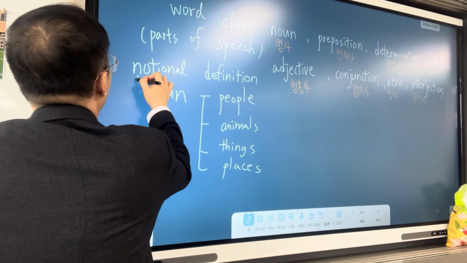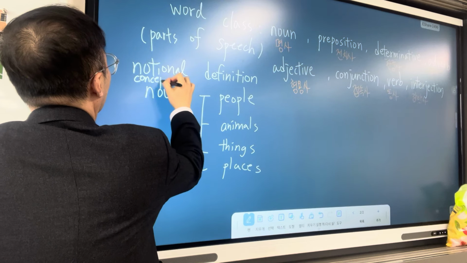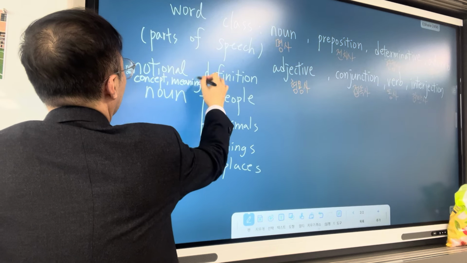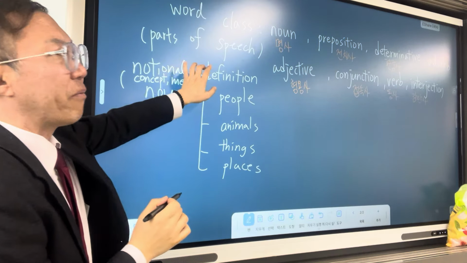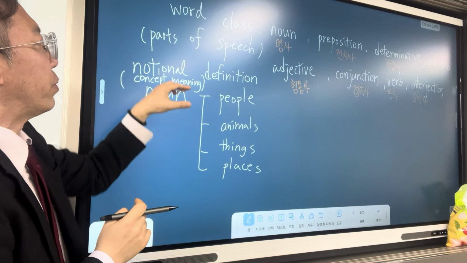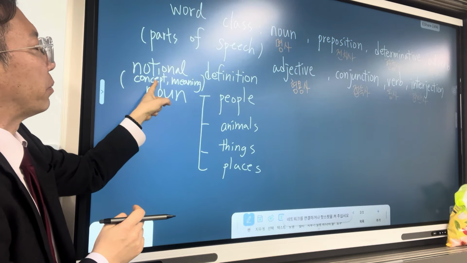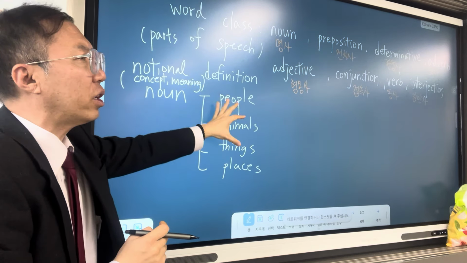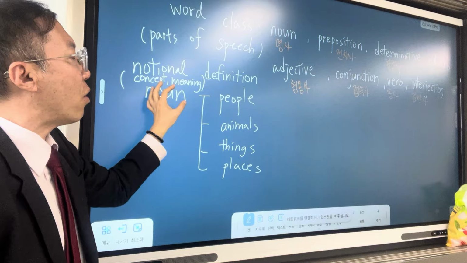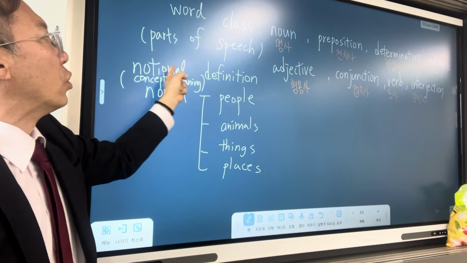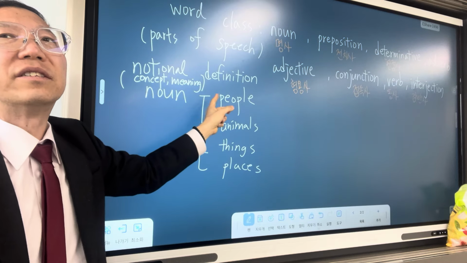So, with the notional definition, when we try to group nouns into categories, we use the concept or meaning of a certain word and try to divide nouns into these groups. However, this notional definition has quite a serious problem.